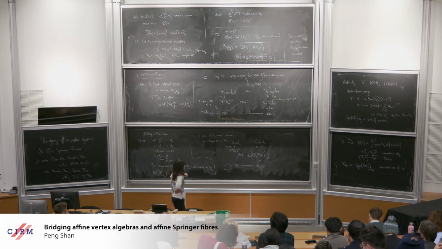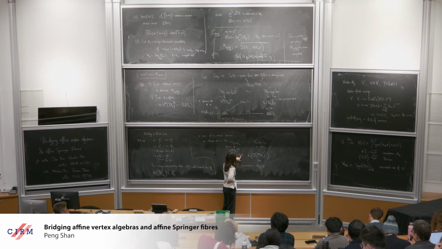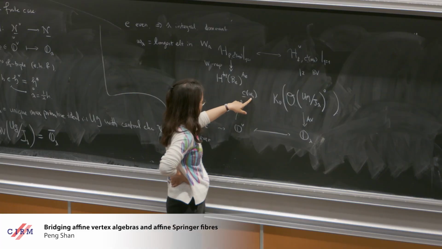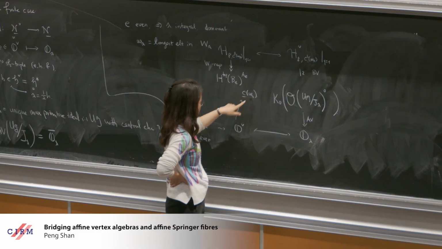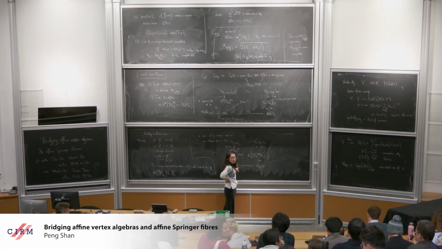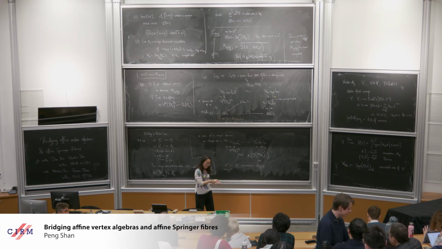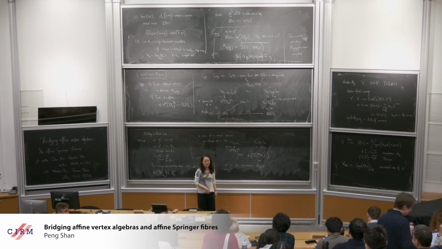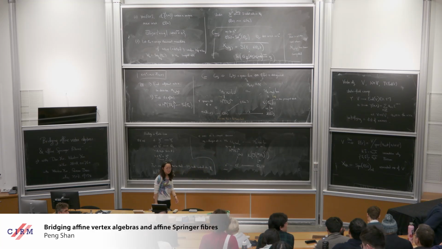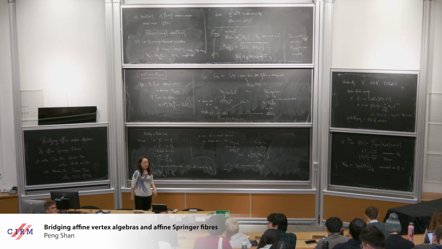I probably need to answer this question later. You say when this is generated by simple reflections, it's the one corresponding to a Richardson orbit, I think so. Yeah. Okay. For a Levi subgroup, then this is explicit, but more general than this, I don't know.